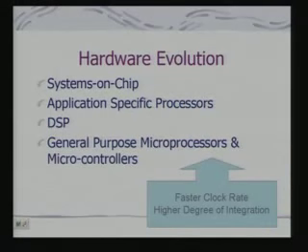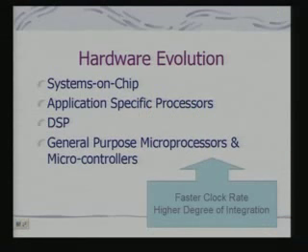Let us look at the history of hardware evolution, because that also has led to the status of embedded systems. At the lowest end, I have general purpose microprocessors and microcontrollers. In fact, this arrow tells you that for each one of these cases, with time you have a faster clock rate, and that means faster execution speed.